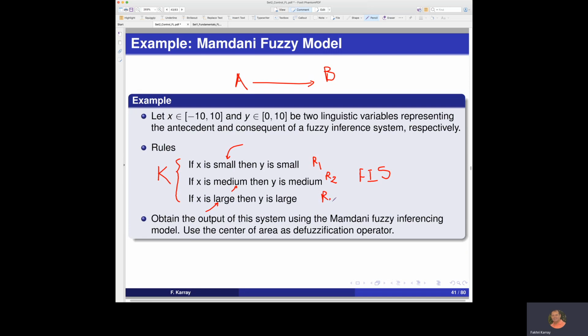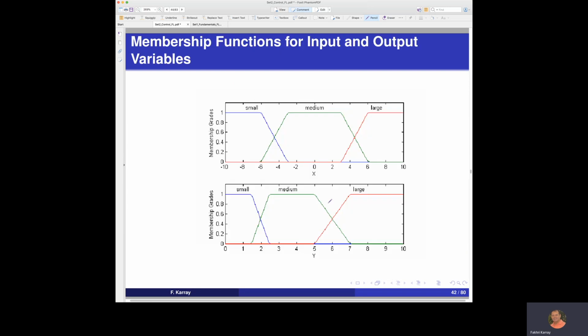Okay, so let's look at this particular system and this particular representation. So here I have concatenated all the rules. So this particular thing here, we can do it in this particular manner. So the first rule is that if x is small, so this is x is small, which is the blue, then y is small.